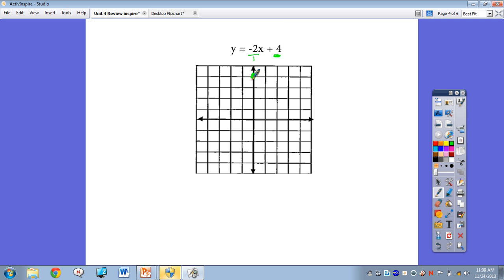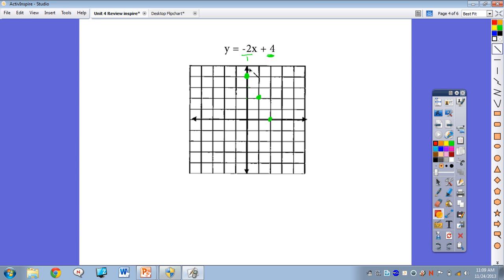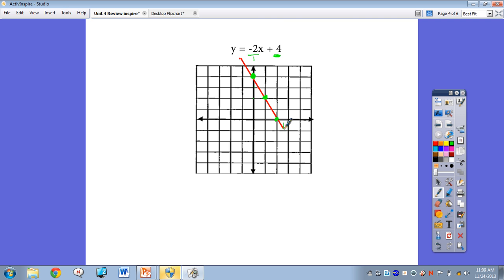So from this point, since my rise is negative 2, I'm going to go down 2 and run 1. Down 2 and run 1. So now I can graph my line. There you go. Put my arrows on, and I have now graphed that equation, even though it started off not in slope-intercept form.